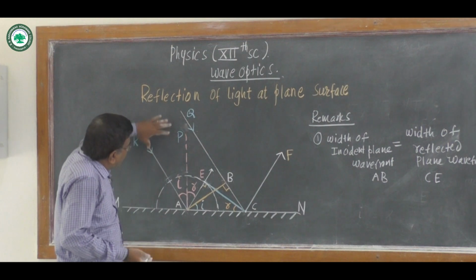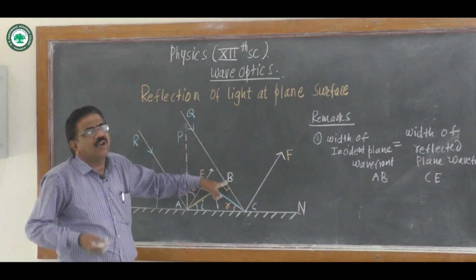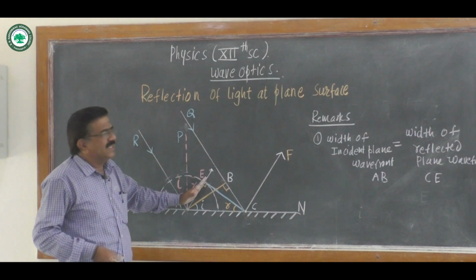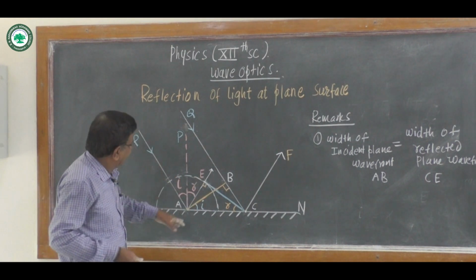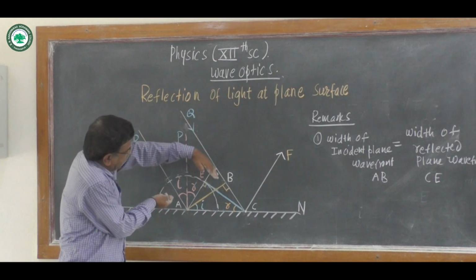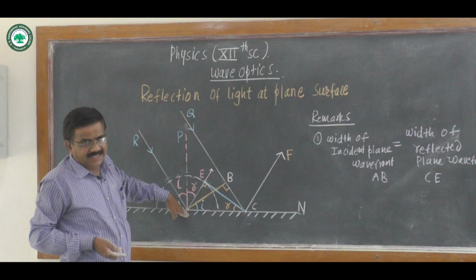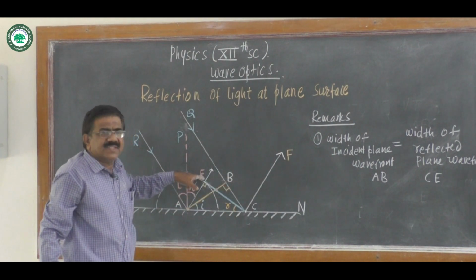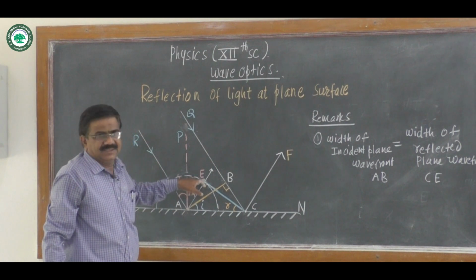Right side of the object, suppose this AB is the object, becomes left side after the reflection. This AB here is for the incident rays, this A is towards the right side. After reflection, this point becomes reflected as AE.